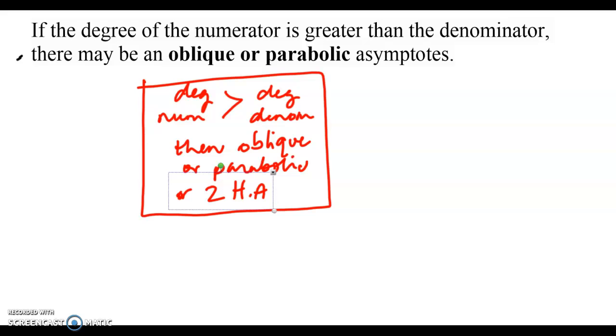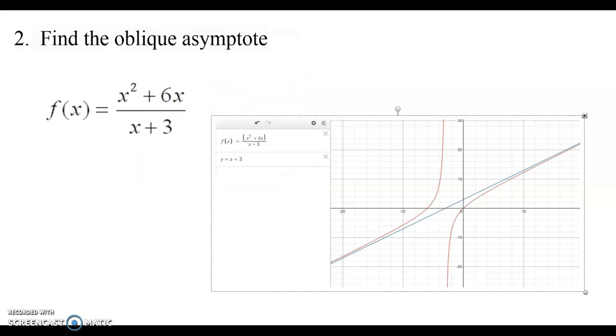We're just going to go into 2 examples of finding these. We're not going to go into a lot of detail in this section. So let's move on to the second example.